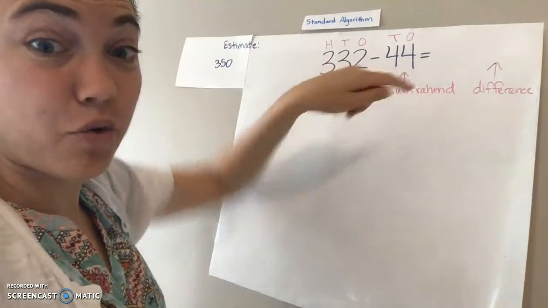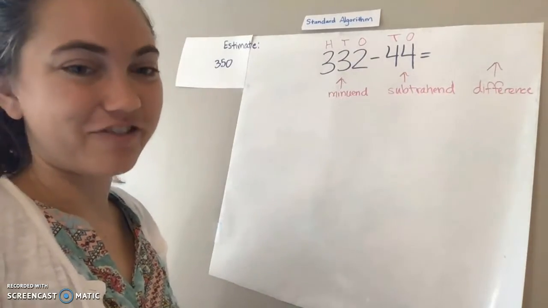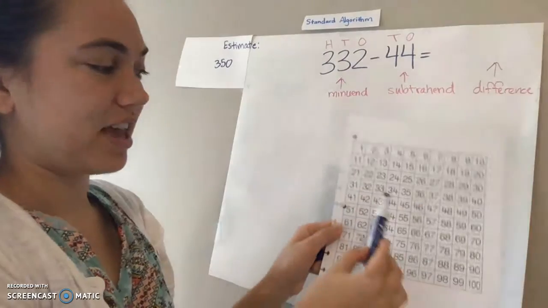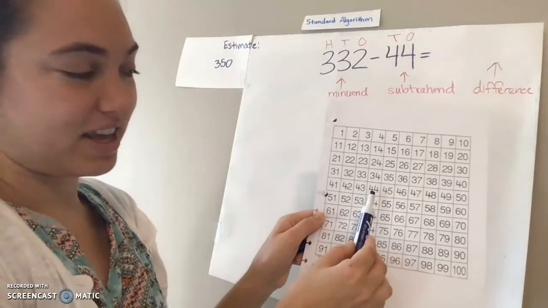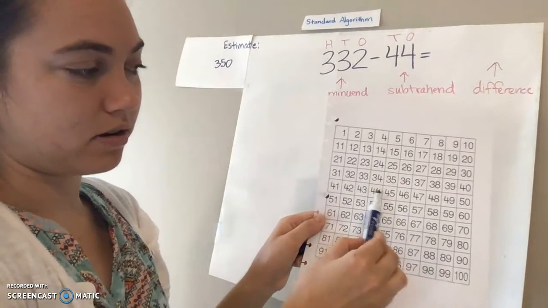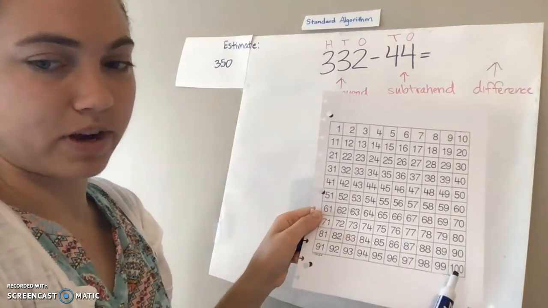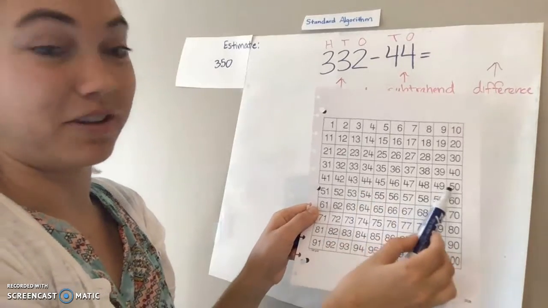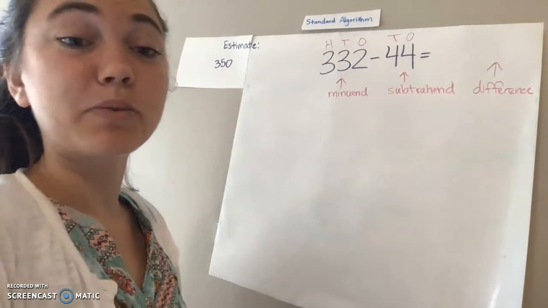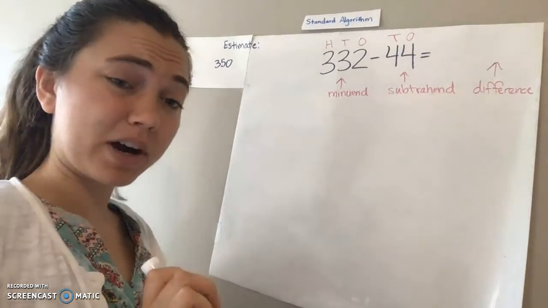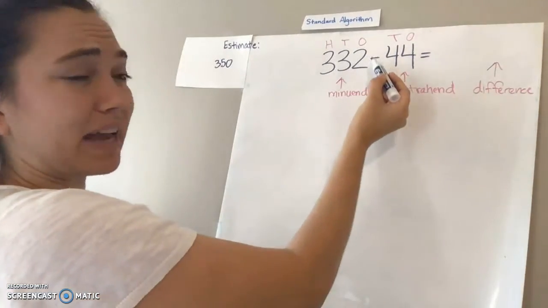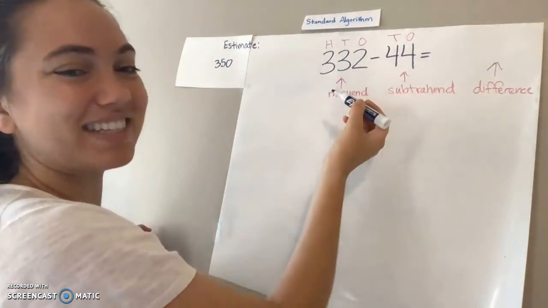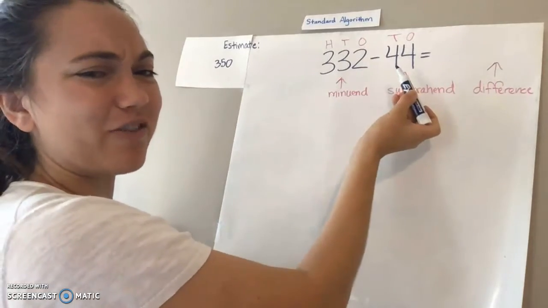And then we're going to take away the subtrahend, 44. Okay, here's 44. Am I closer to 50 or 100? I'm closest to 50. So since we're rounding and figuring out about what our answer might be, we'll say minus 50. 50 is an easier number to work with than 44.